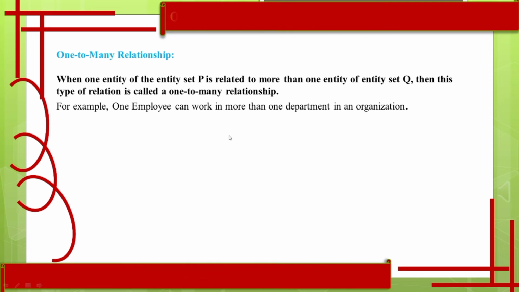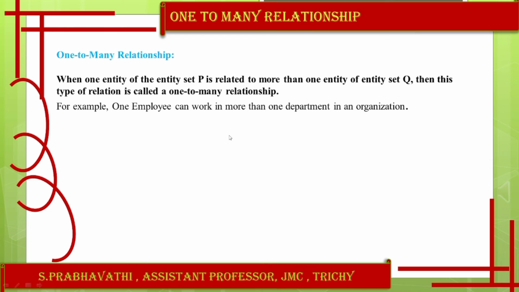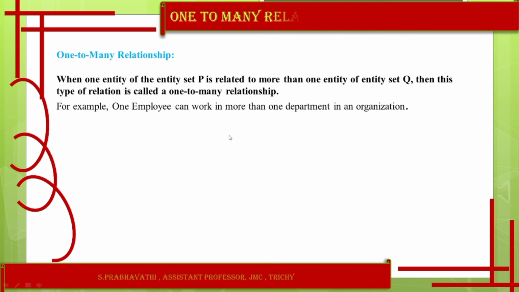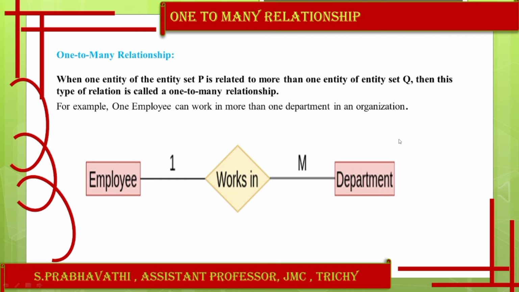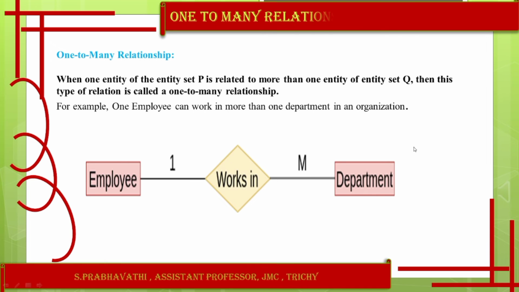When one entity of the entity set P is related to more than one entity of entity set Q, then this type of relation is called a one-to-many relationship. For example, one employee works in more than one department in the organization. So, one to many. M means many. One is the one.